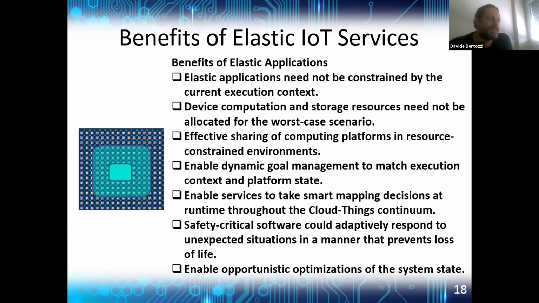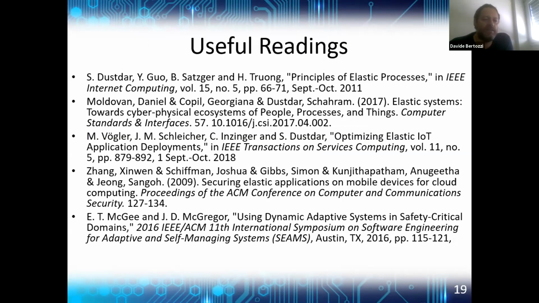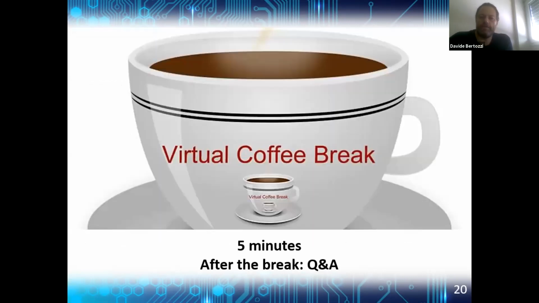Last but not least, as I've shown in the previous slide, this opens up unprecedented opportunities for optimizing the execution state. Again, these are a number of useful readings about the concept of elastic computing and how it's slowly coming to the forefront, starting from different perspectives. Okay, so I have introduced the scenario, the context, and why it's needed.